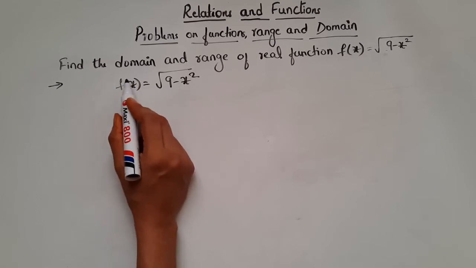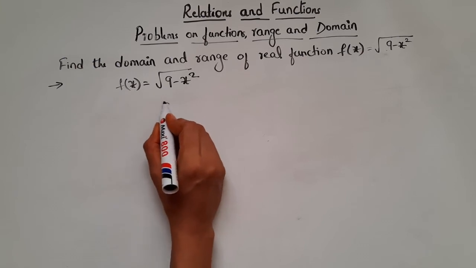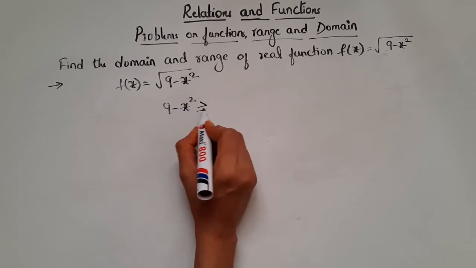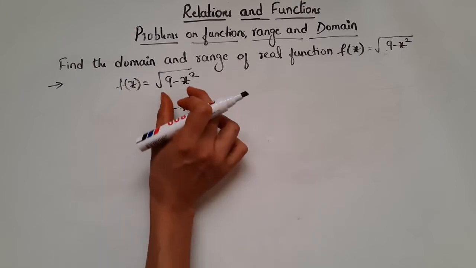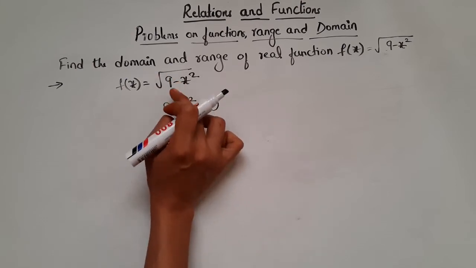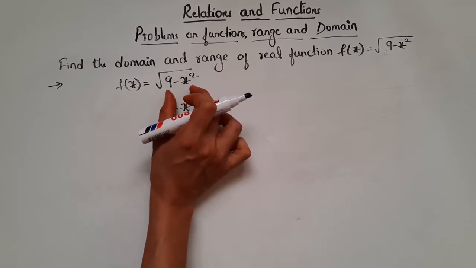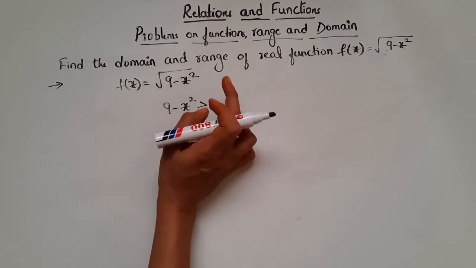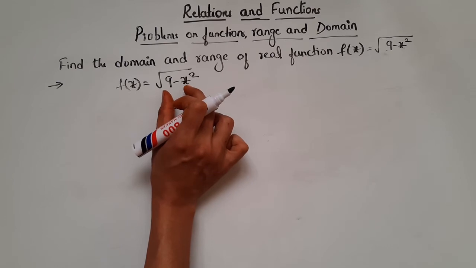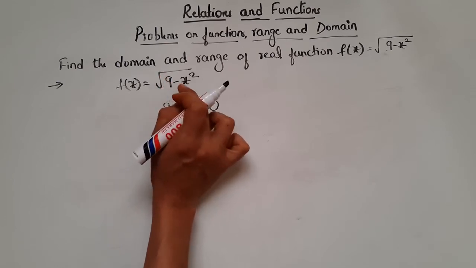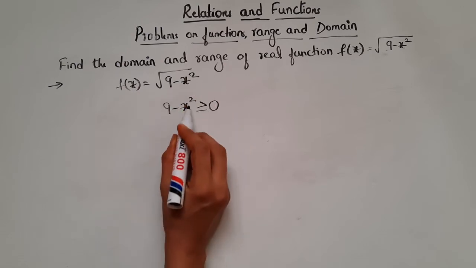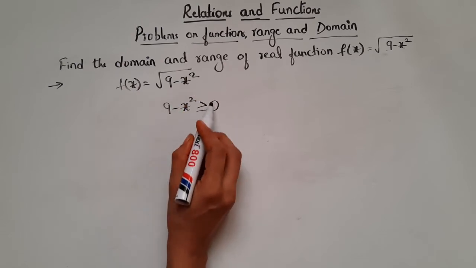For that, 9 minus x square should be greater than or equal to 0. If it is greater than 0, you can find the square root of that term. If it is equal to 0, square root of 0 is 0. If 9 minus x square is negative, the square root of a negative value is not a valid answer. So we write 9 minus x square should be greater than or equal to 0.